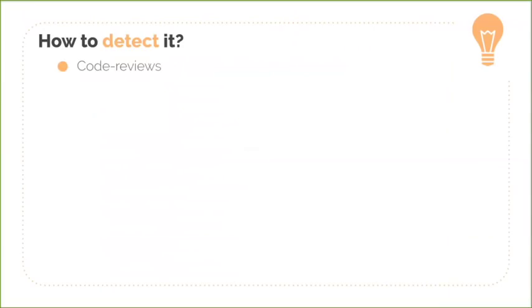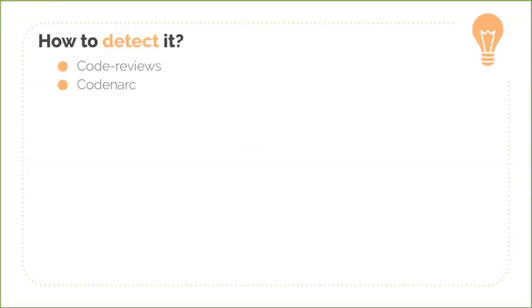So we detect this again with code reviews, and also we can use CodeNarc. There isn't an out-of-the-box rule for this, but CodeNarc has a mechanism to create custom rules. And actually, it's pretty simple to create one of these custom rules. So you could create one to detect the usage of @Transactional on controllers.